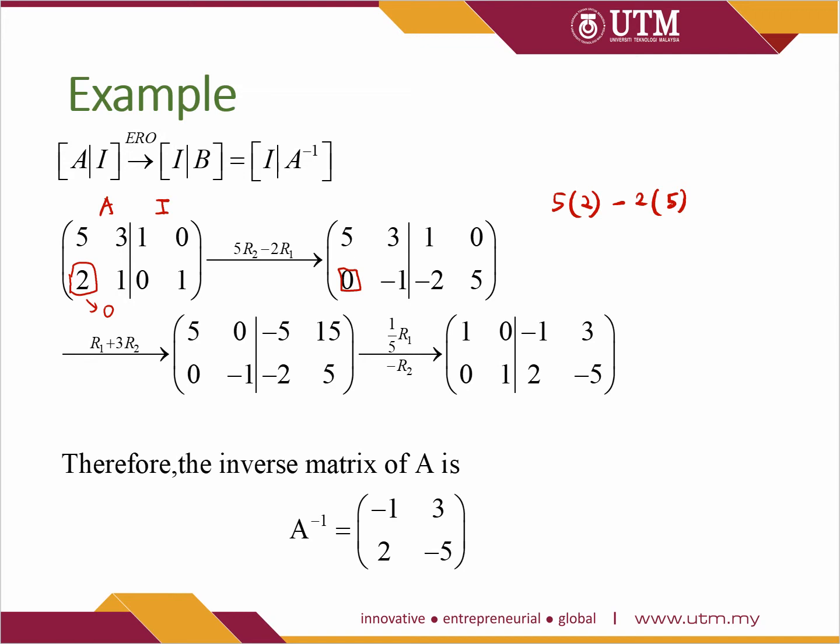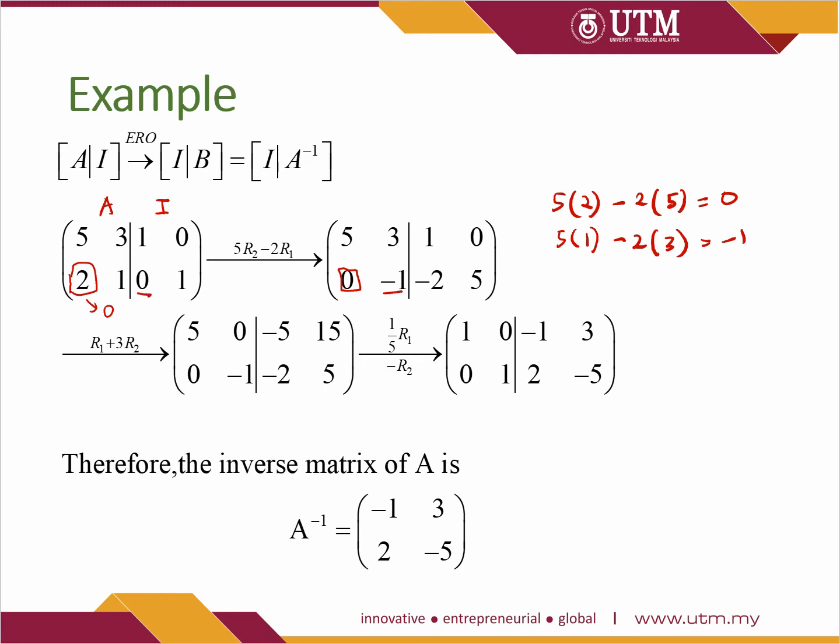Then we perform the same formula on the next column. So the next column will be 5 times R2, which is 1, minus 2 times row 1, which is 3. So here we have 5 minus 6, which will be minus 1. So the second row, second column will be negative 1. Then we perform it on the next column.